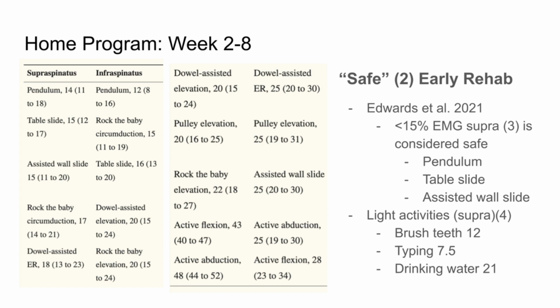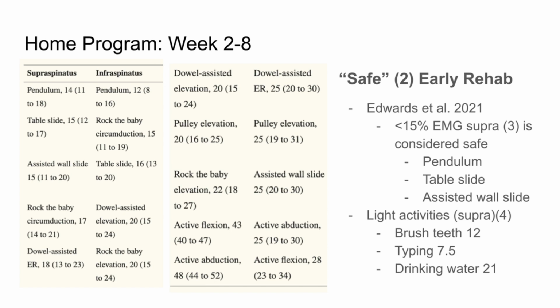Now, generally speaking, and you can read this study if you'd like to, Edwards et al. in 2021, they note that around 15% or less EMG of the supraspinatus. So if you take someone and do a full can exercise isometrically and have them push as hard as they possibly can, that would give you 100% MVIC of the supraspinatus.